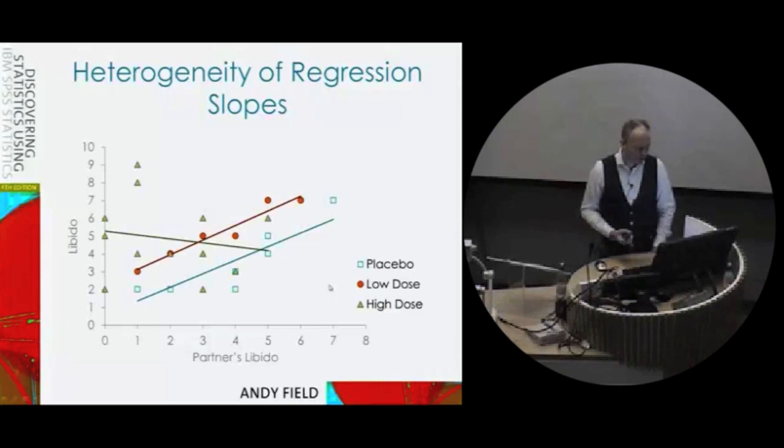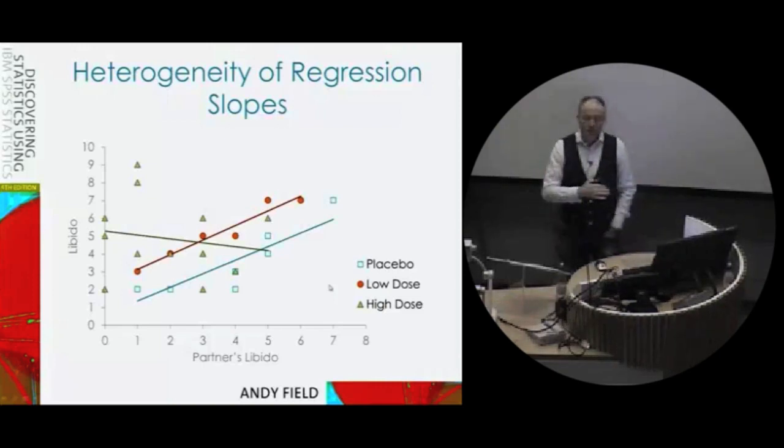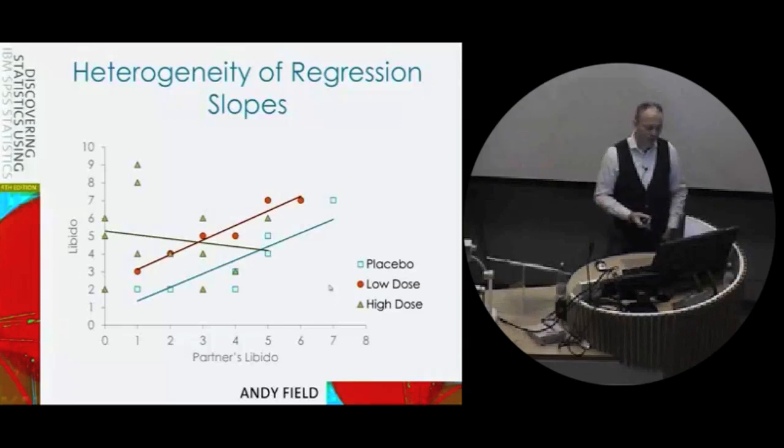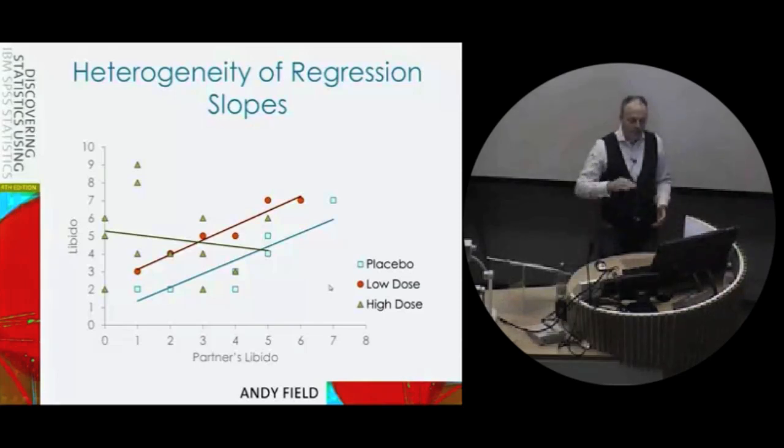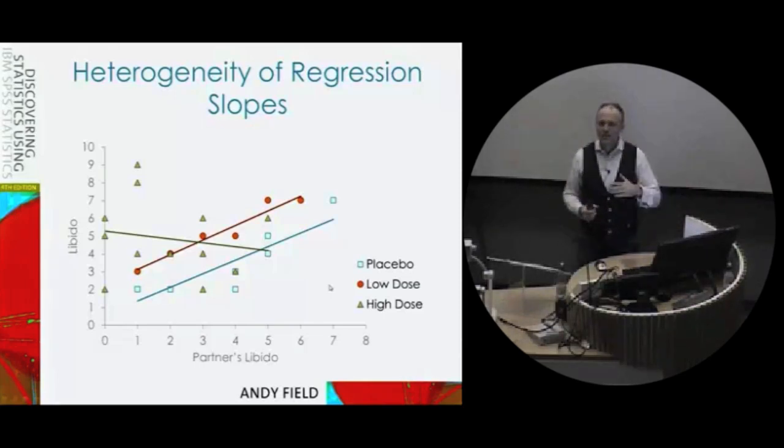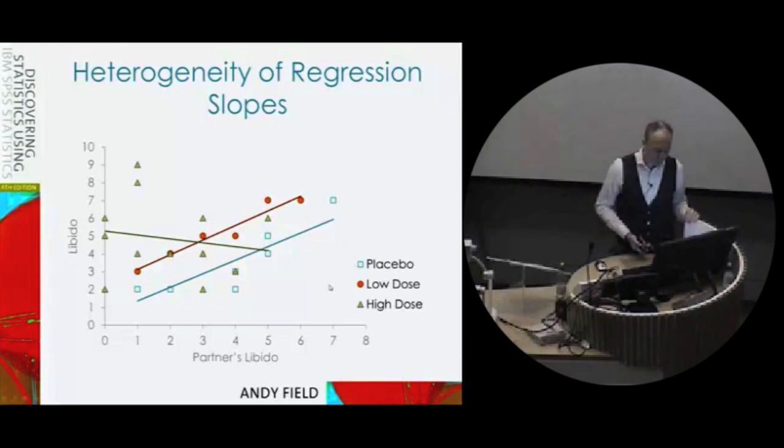In the high-dose group, partner's libido is slightly negatively related to participant libido. It doesn't have to be as dramatic a difference as in this example, but this illustrates the basic point that the relationship between your covariate and outcome needs to be similar in your three groups. For these data, it's not similar because it's very different in the high-dose group to the other two.